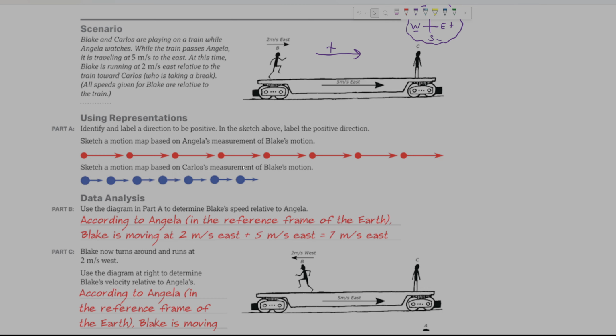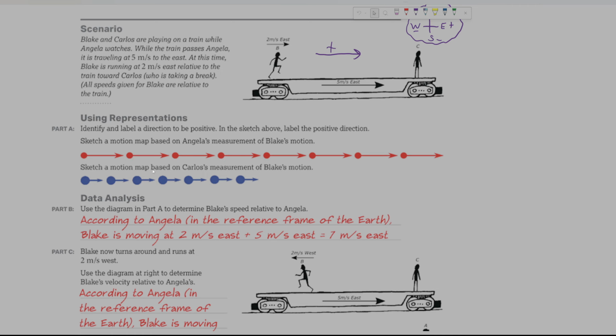And so our motion maps are going to include arrows. And because Blake is moving faster than Carlos, they're both on the same train that Angela's watching go by at 5 meters per second. And as Angela watches them both go by at 5 meters per second, Blake is additionally running, so he's going as fast as the train plus his speed.